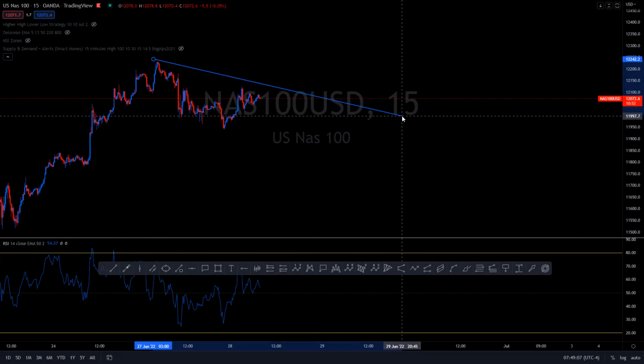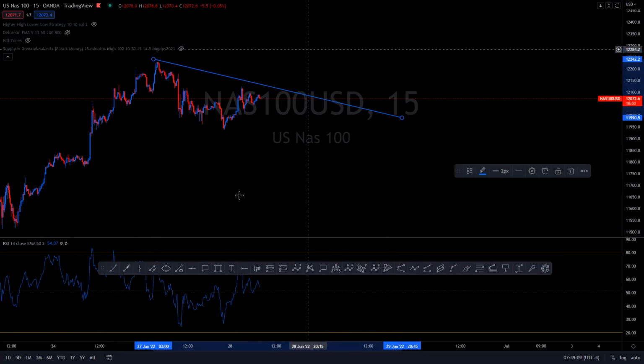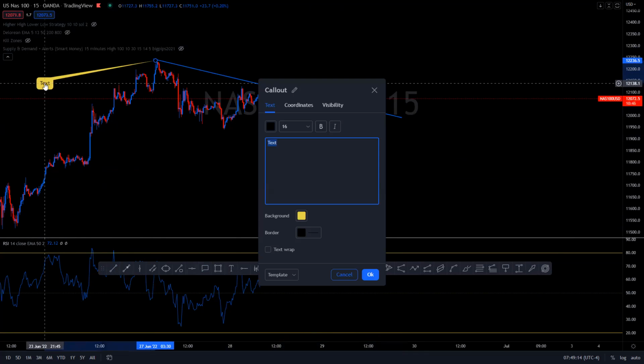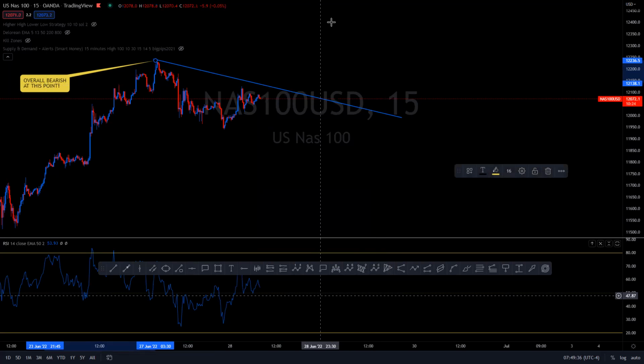I'll push that a little bit up here. So overall bearish at this point.